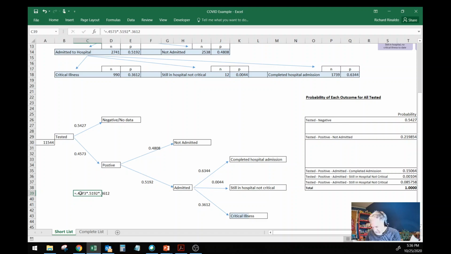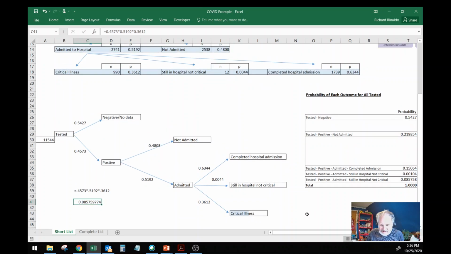And that value is an 8.6% chance that you would end up in critical care. So roughly 8.6% of those who showed up at the hospital and they decided they should be tested ended up in the hospital with a critical illness.